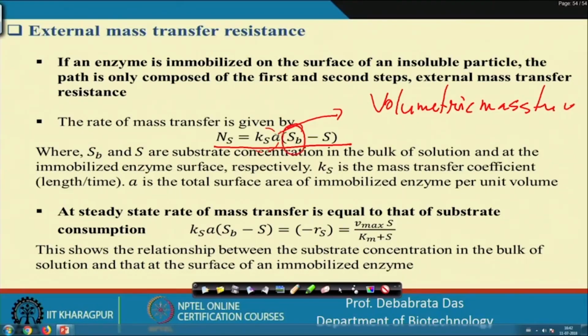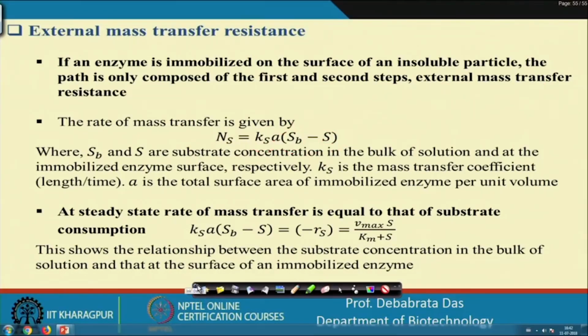And Sb is the concentration of substrate in the bulk, and S is the concentration at the surface of the solid matrix. So Sb minus S is considered as the driving force. So this is the rate of mass transfer, and this is the rate of reaction. So this is equal to this, am I right?